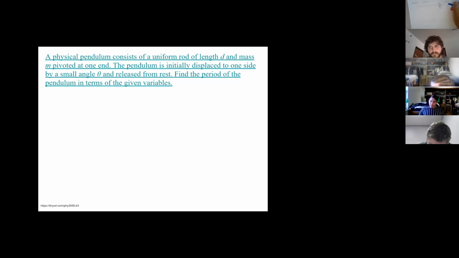The mass is the small mass. For a rod rotating about one end, you can look it up: the moment of inertia is going to be 1/3 m, the mass, times the length squared, so 1/3 md squared, okay?